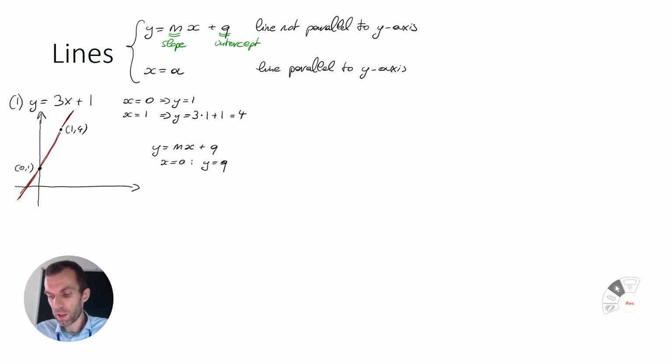So by setting x equal to 0, I always end up with q as the intercept, the y coordinate. So here too, I see the intercept was 1, and that's the 1 that I have here. And more generally, on the figure, the length of this line here, which is 1, is my intercept.